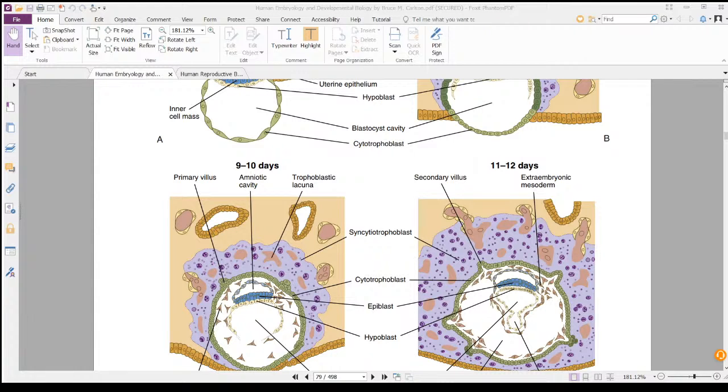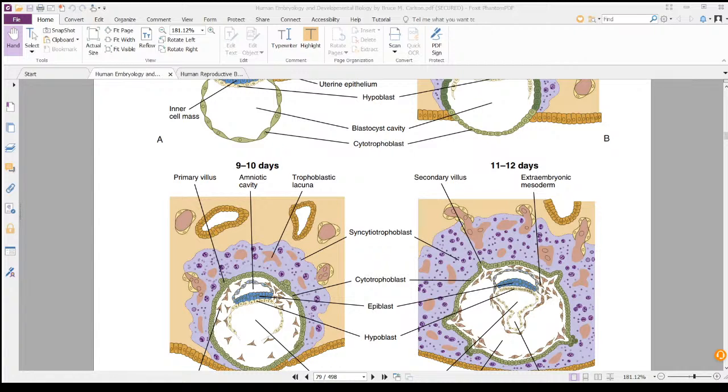Now after this, there is also evidence that the syncytioblast of the early embryo is a little bit different, a variant from which the placenta is formed.